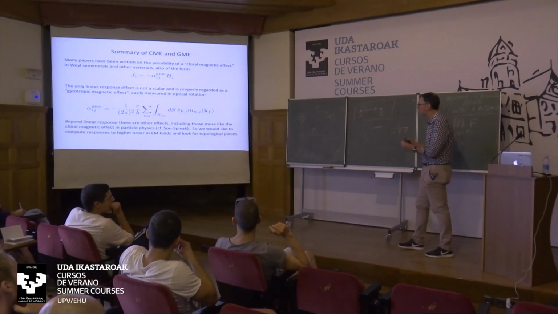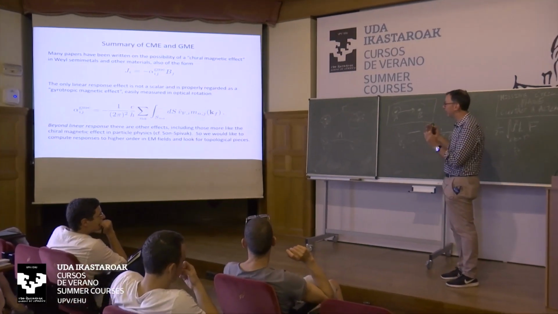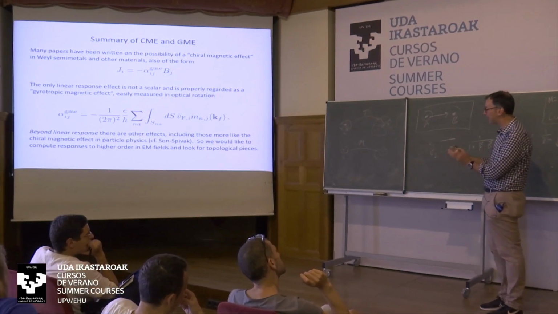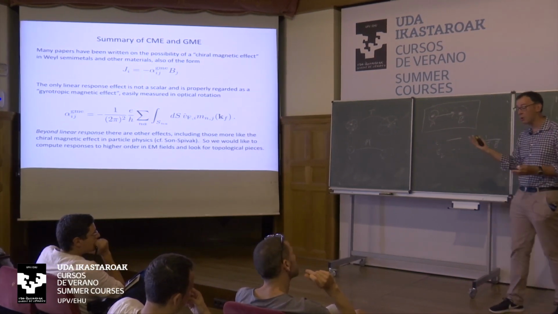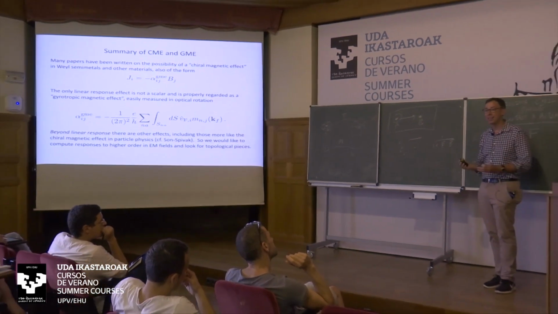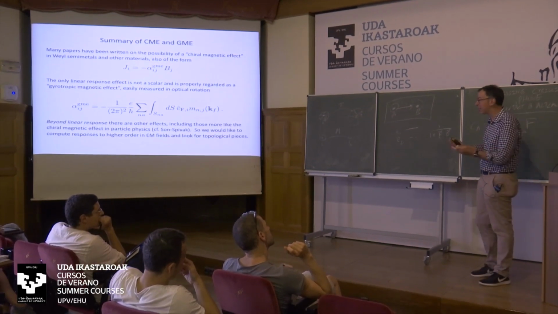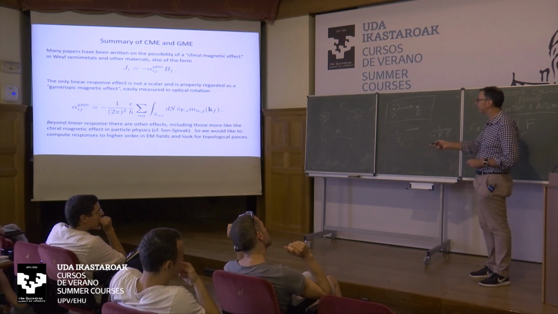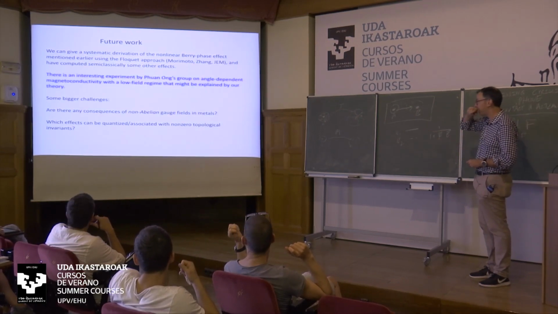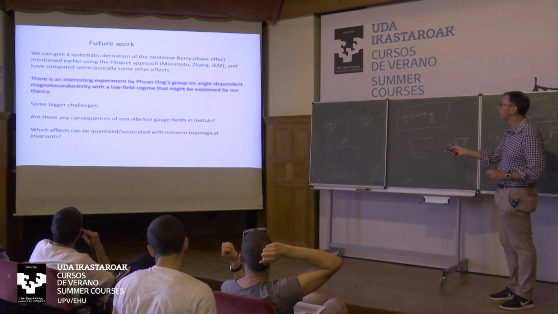So I view this as kind of like a no-go theorem. If you just have one electromagnetic field, in other words, if you don't have both magnetic and electric fields, or higher order and electric field, or something more complicated, then Weyl semimetals are interesting, but not that unique compared to other materials. So let's try to find something maybe more interesting.